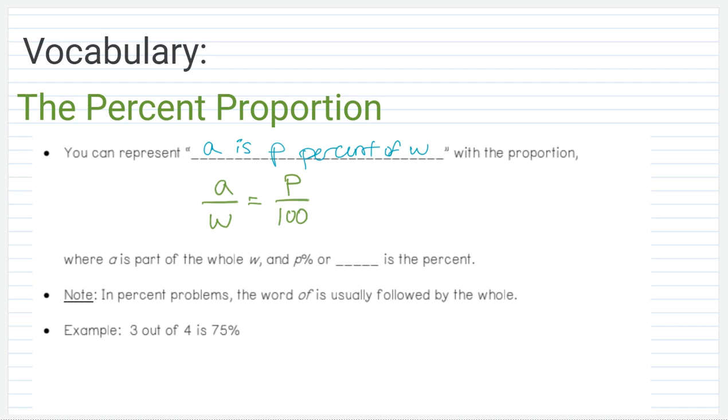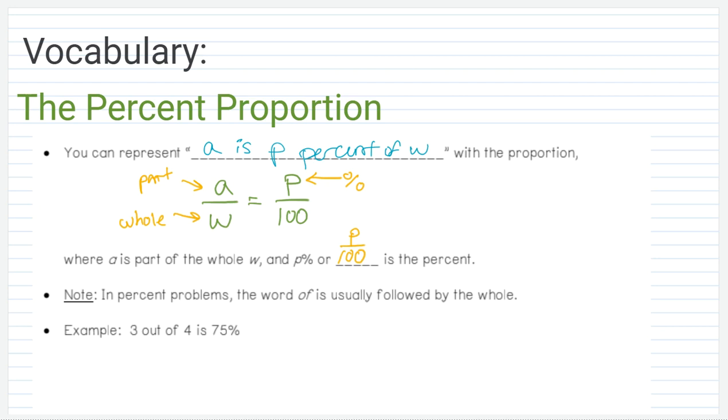In this proportion, A is representing the part of the whole, which is W, and then P is our percentage, which, our percents, right, are always going to be out of 100. So that's why we write it as P over 100, right? That's our percent. So in percent problems, the word of is typically followed by the whole.